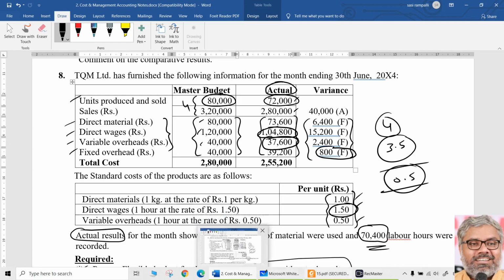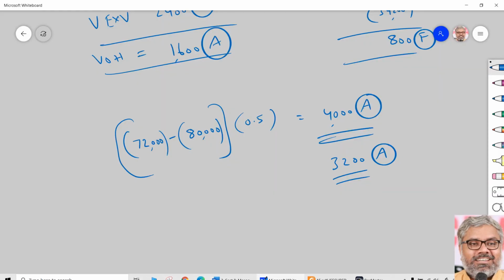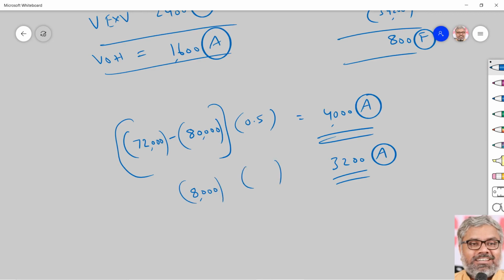So 0.388 multiplied with the difference between budgeted units and actual units, approximately 8,000 units multiplied with approximately 0.4, that is 0.388. And why that happened? Because of difference between original price and actual price. And that difference has caused the profit variance also of 3,200 rupees adverse.